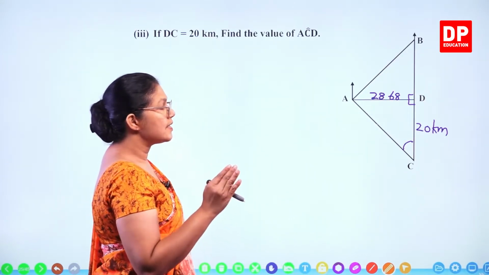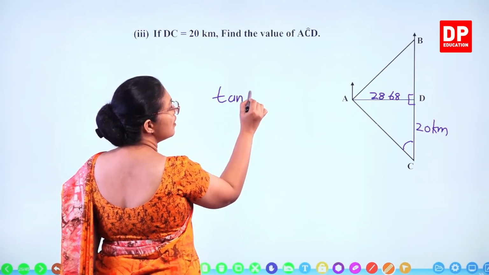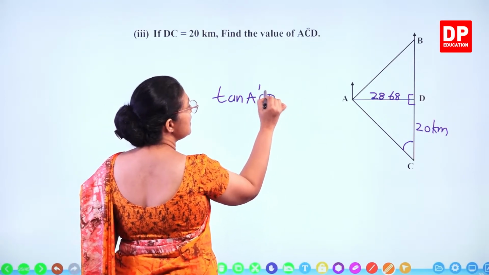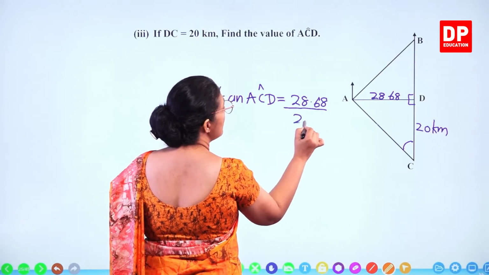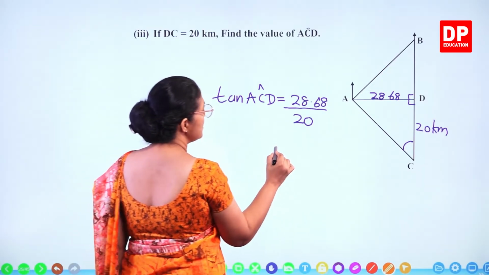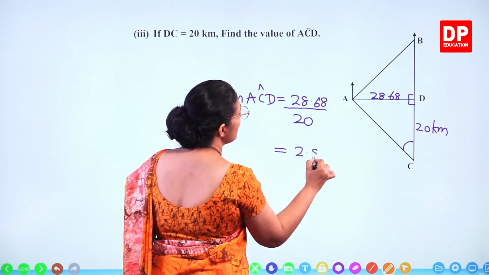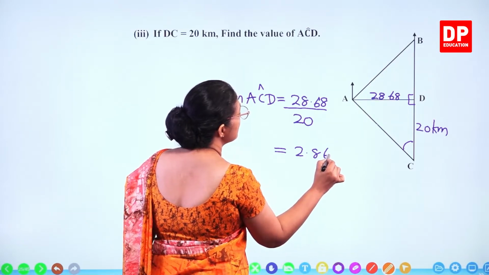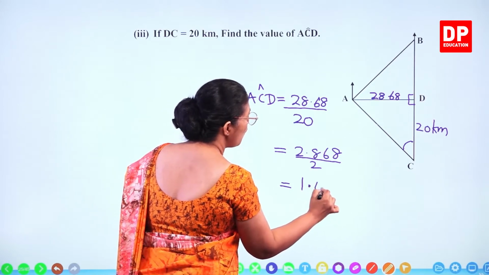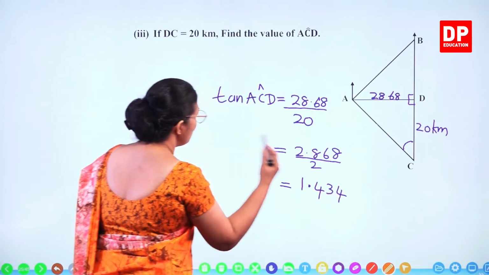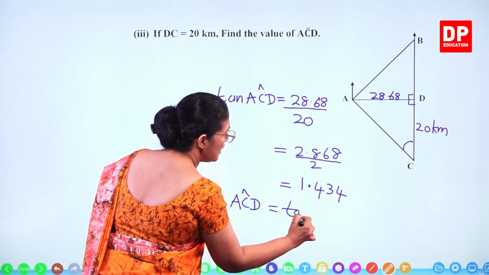The opposite and adjacent ratio is tan. So you can write tan of ACD is equal to, opposite is 28.68, adjacent is 20, divided by 20. So divide by 10, you get 2.868, divide by 2, 1.434. To find the angle, you have to find the inverse value, tan inverse of 1.434.